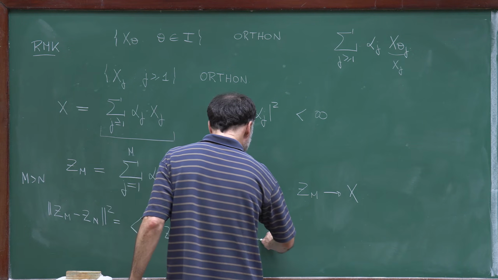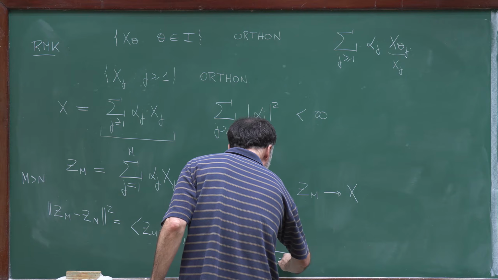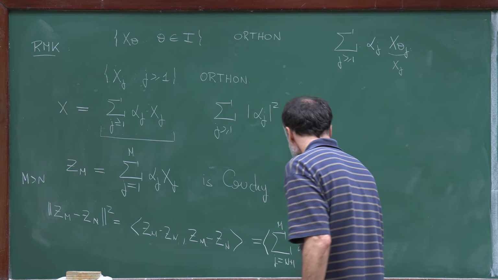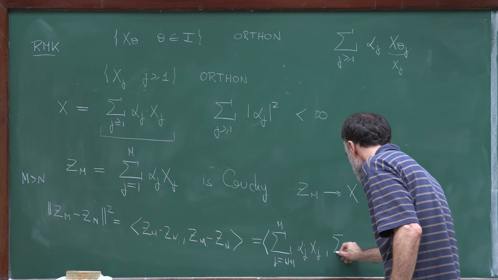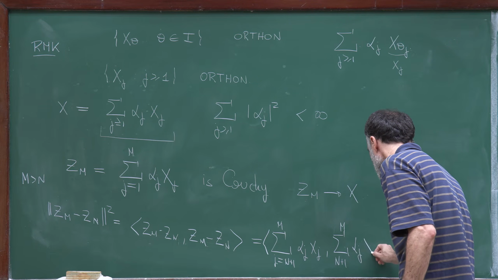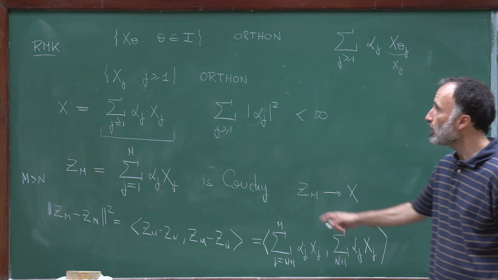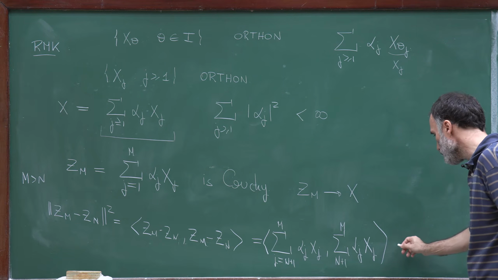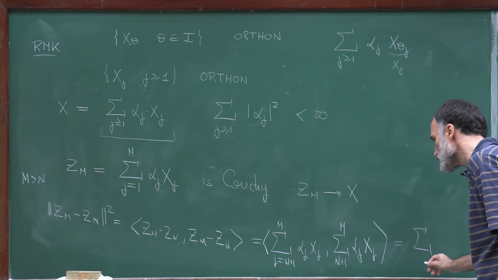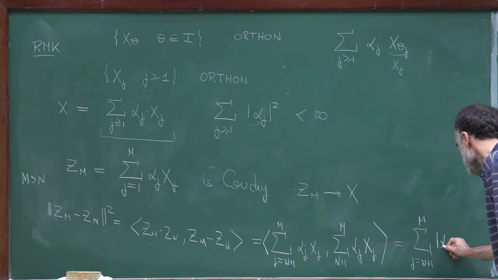So this is a sum from n plus 1 up to m of alpha j xj. So now if you use the fact that the xj are orthogonal and they have norm equal to 1, I leave it to you to compute this expression. What I claim is that this is given by the sum for j from n plus 1 to m of alpha j squared.